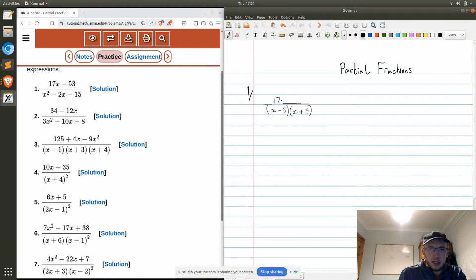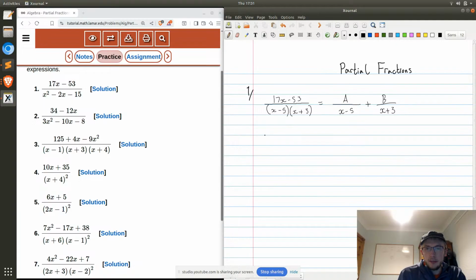And the numerator is just fine as it is. And the objective is to turn it into A over x minus 5 plus B over x plus 3, and to find out what A and B are.